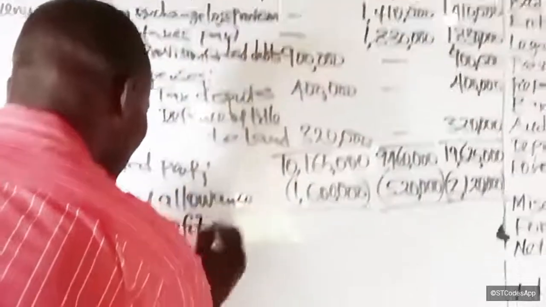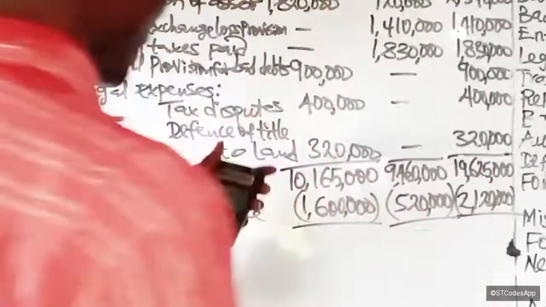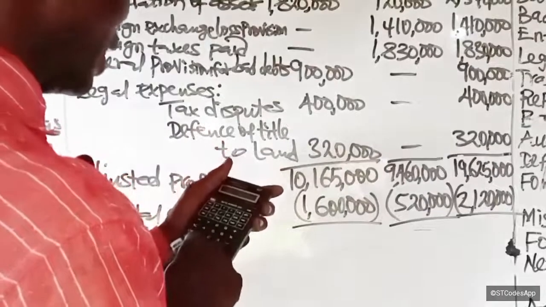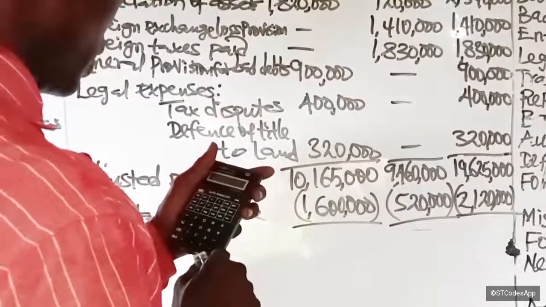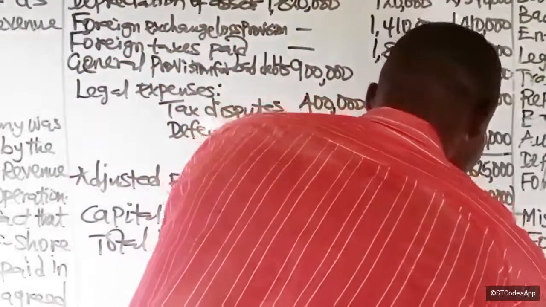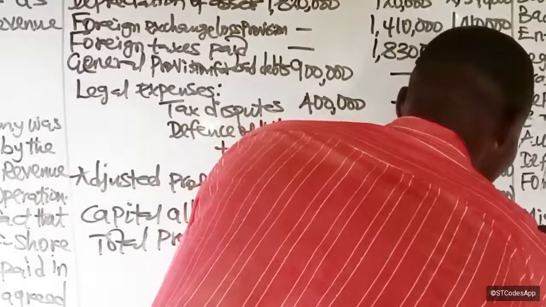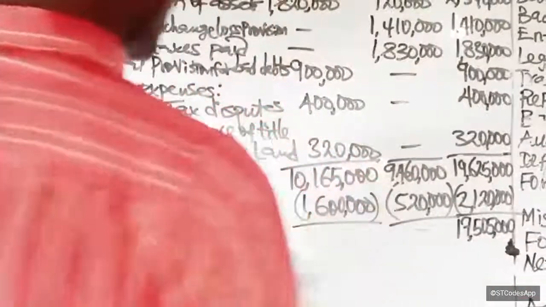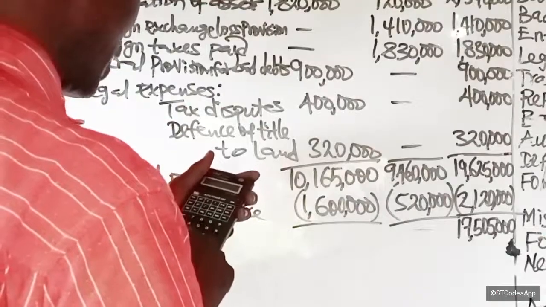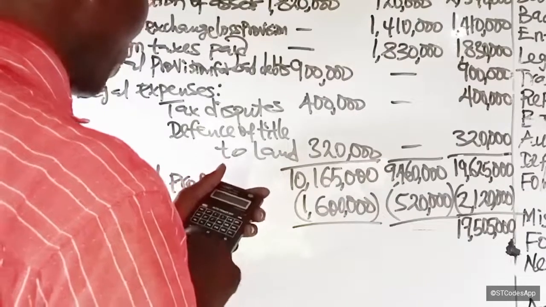Total profit. So for Nigeria, for the total column, 19,625,000 minus 2,120,000. So you have 17,505,000. Then for Ghana, we have 9,460,000 minus 520,000.